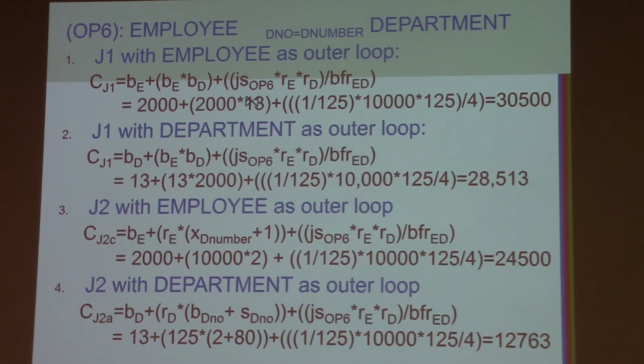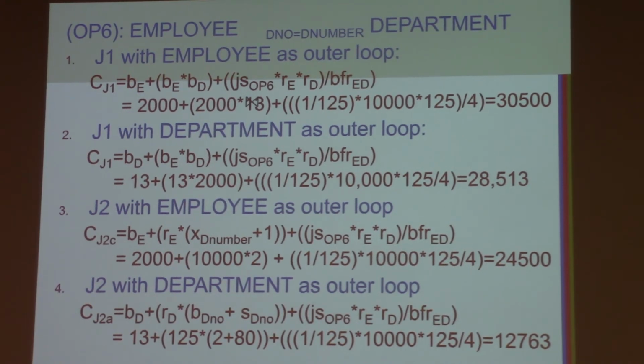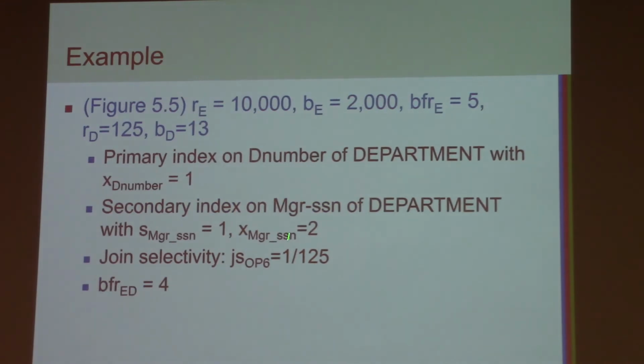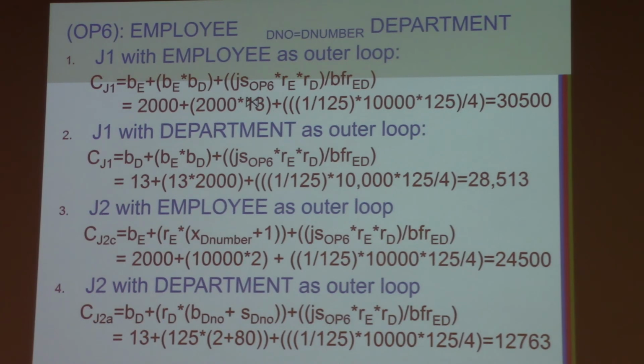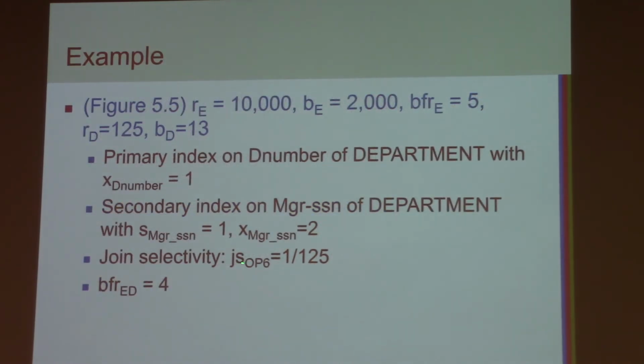And for the department, we can use the index for the single loop join. 125, what is 125? All the rows of the department. Then try to match what? Manager social security number. So DNO is equal to D number.